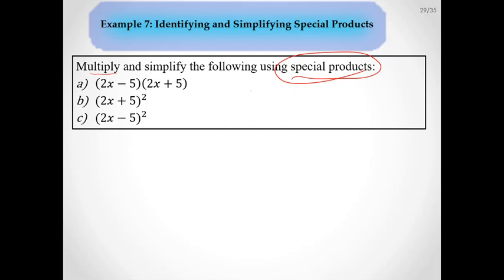So when you look at here, you have to understand what type of special product you can use. Because here, if you say this is A, and this is B, so we have A minus B times A plus B. And here A plus B squared. This is A minus B squared.